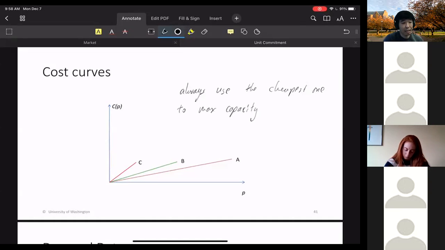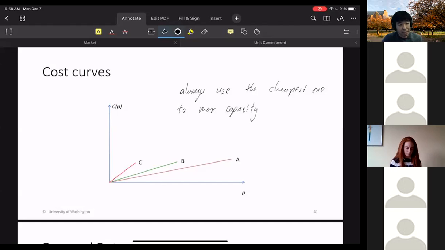Because the cost is linear, if generator A is on, we should always use A. If A runs out of capacity, if generator B is on, we should always prefer generator B compared to generator C.